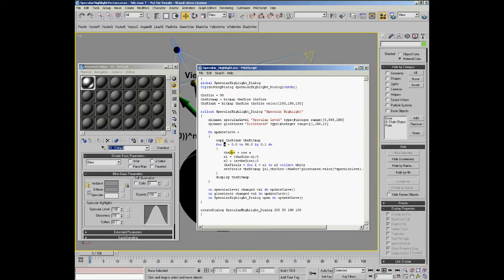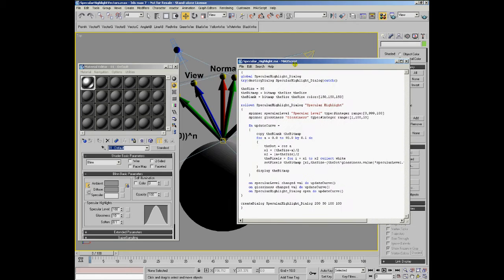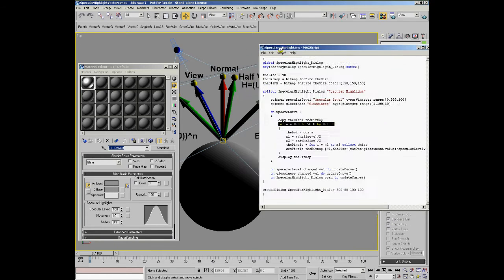Variable a, which is going to be the angle from 0 to 90 degrees with a small step. Actually, the 0 to 90 degrees represents the half vector angle to the normal, which means that at an angle of 90 degrees, we are actually calculating the angle of the view at 180 degrees, but we're actually looping through the possible half vector angles.